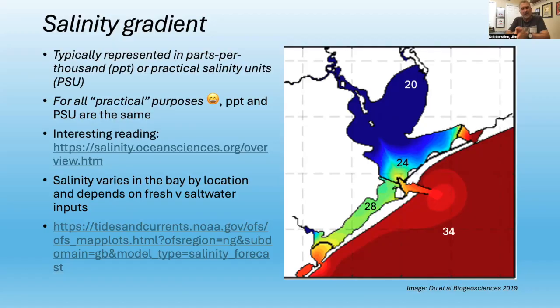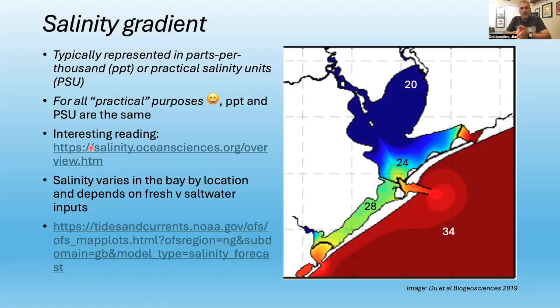Typically, you will see salinity represented, I would say most commonly, either as parts per thousand, so you'll see PPT after it, or PSU, which are practical salinity units. And for all practical purposes, PSU and PPT are the same thing, right? I do have a link to an article here if you want to read a little bit more about that relationship.